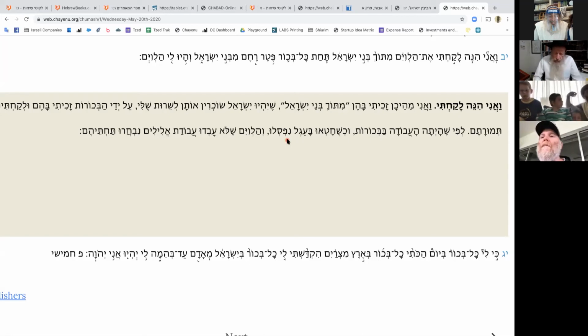And then almost a year after they left Egypt, the tabernacle was built. A year minus 2 weeks. When the firstborn sinned with the golden calf, nifsalu, they became disqualified. And the Levites, who did not serve the golden calf, were chosen in their place.